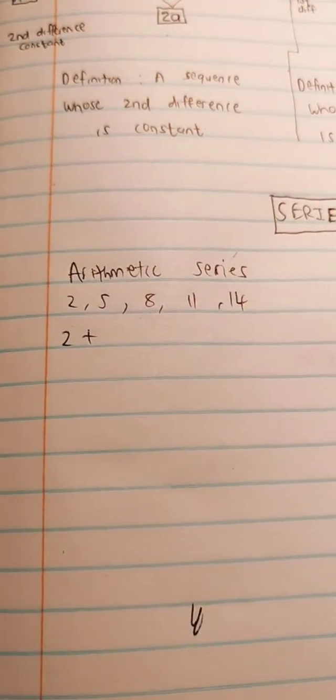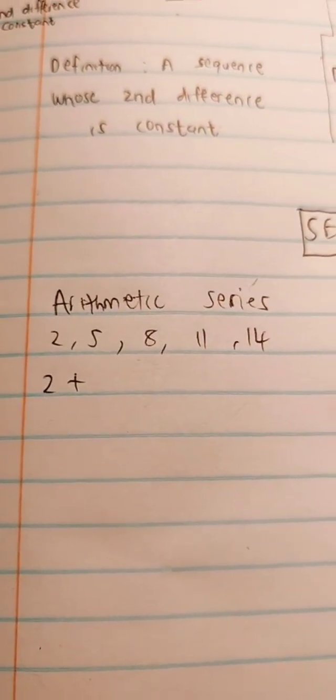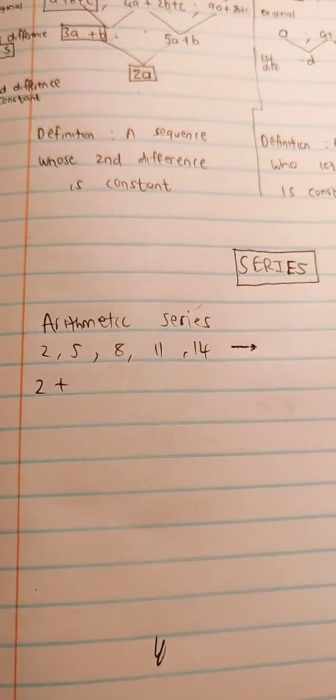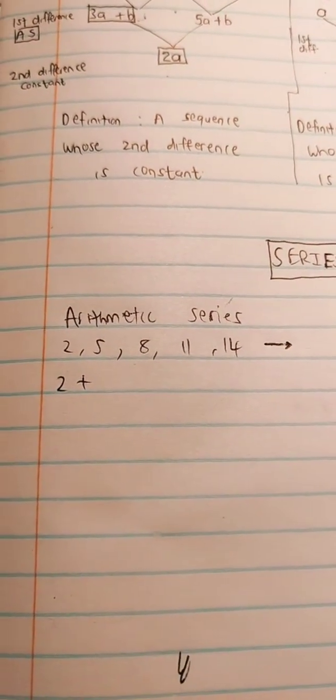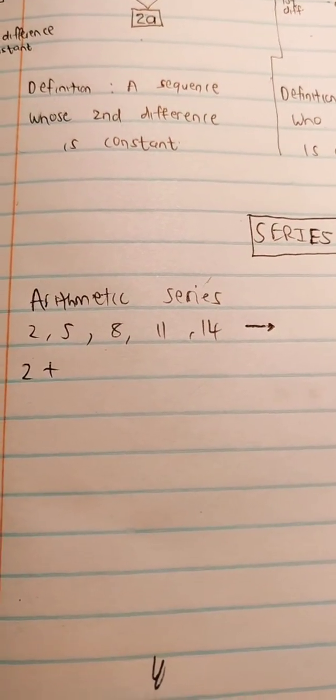I want to ask you this question: what type of sequence is this? Let's start there. I'm going to label it once you tell me what type it is. And when you tell me, give me a reason why you say that it is that particular sequence.